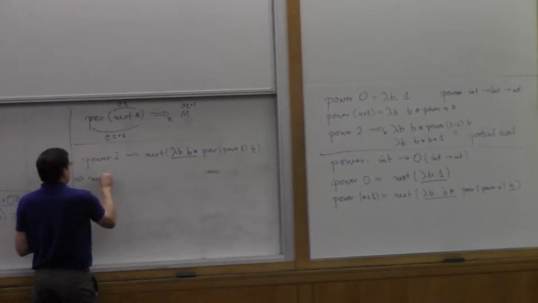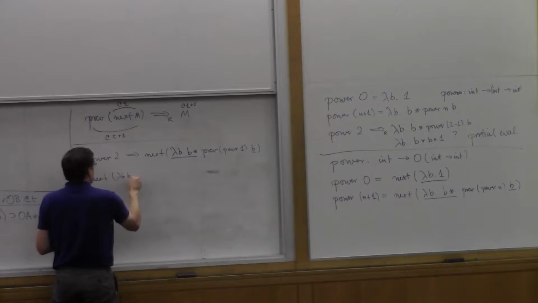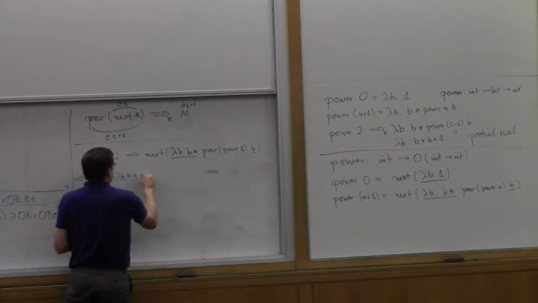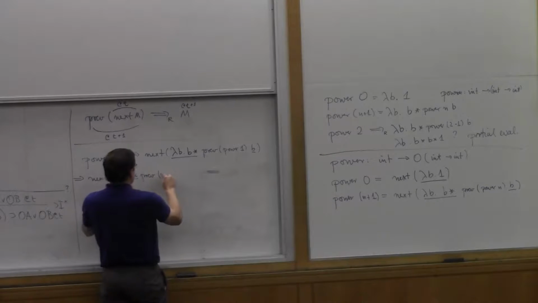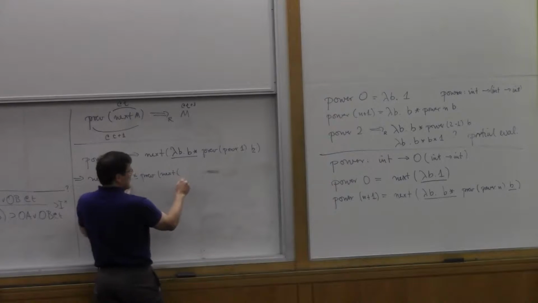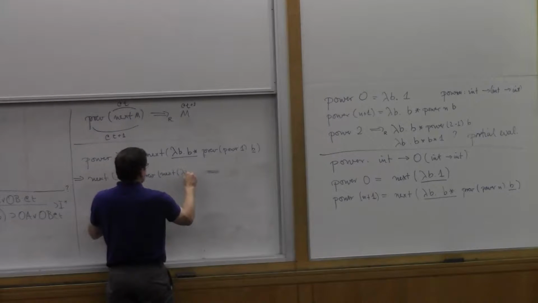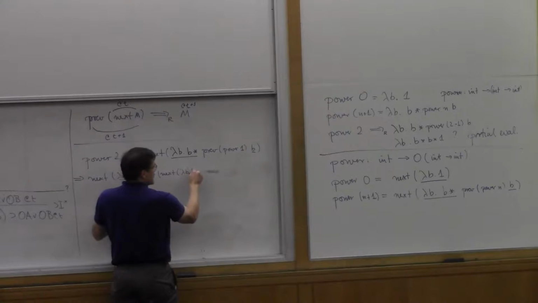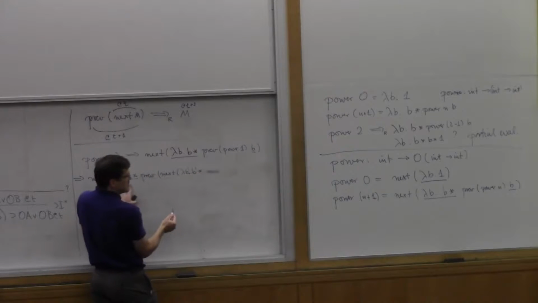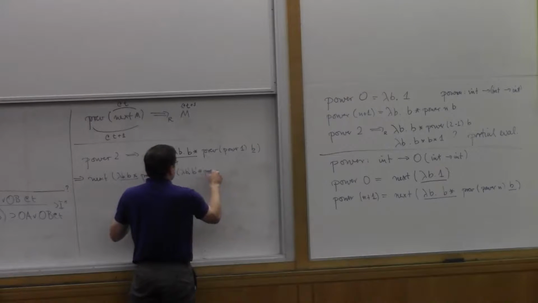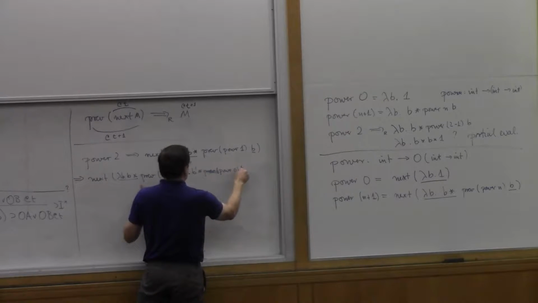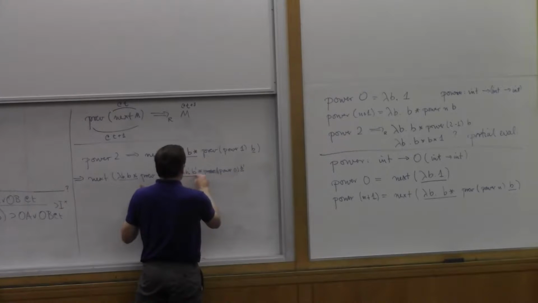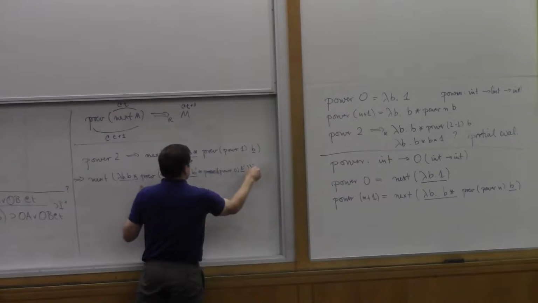So it's next of lambda b times, at the previous step, power of 1 becomes, maybe somebody can tell me, next of lambda b prime, just to make it different, b prime times prev of power of 0, and then applied to b prime. And this is going to be time 2, and then close it up like that.